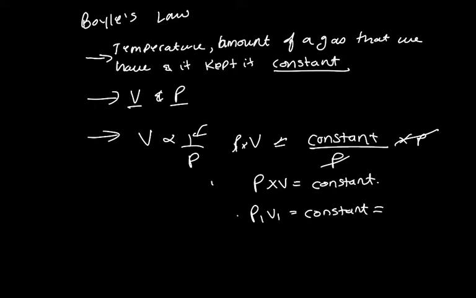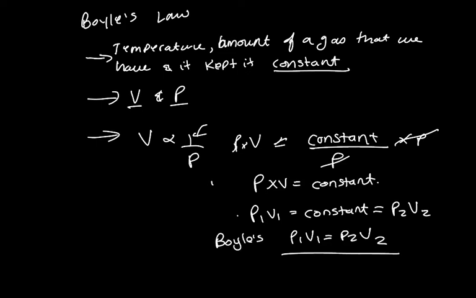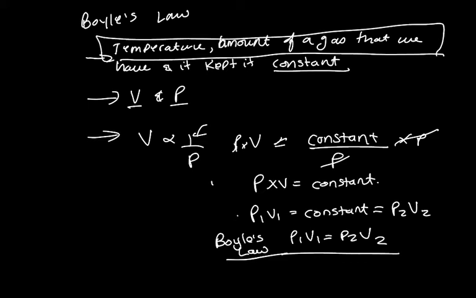But let's say that you took a different P2 and a different V2, they would still be constant. So because of this, P1 V1 is equal to P2 V2. And that is what we call Boyle's law. And this is correct, granted that temperature and the amount of gas that we have stay constant. This is very, very important, okay?